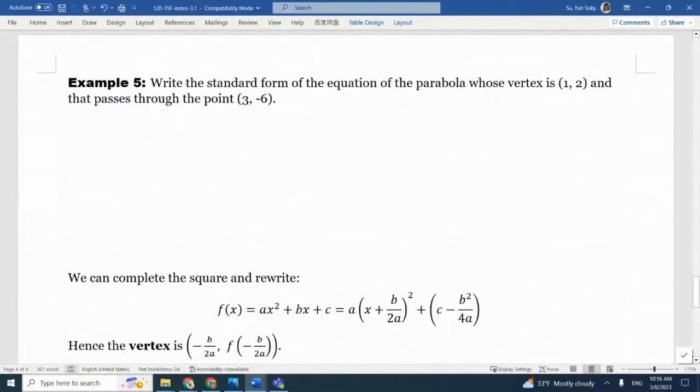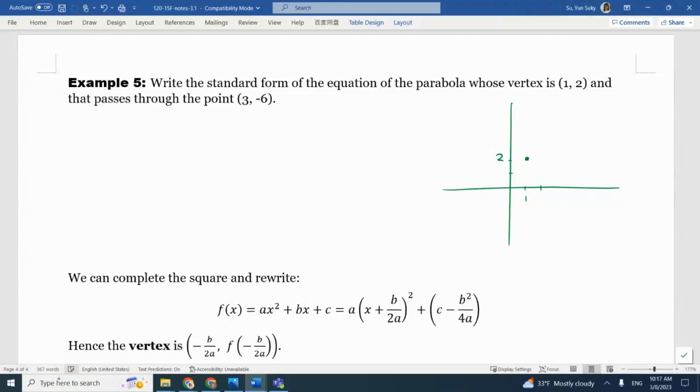Example 5. Write the standard form of the equation of the parabola whose vertex is (1, 2) and that passes through the point (3, -6). Okay. 1, 2. So this is the vertex, right?